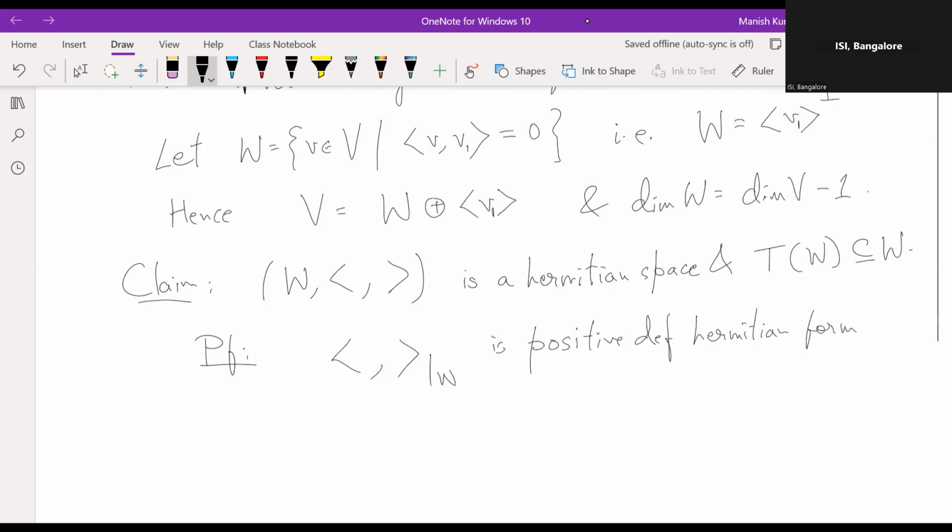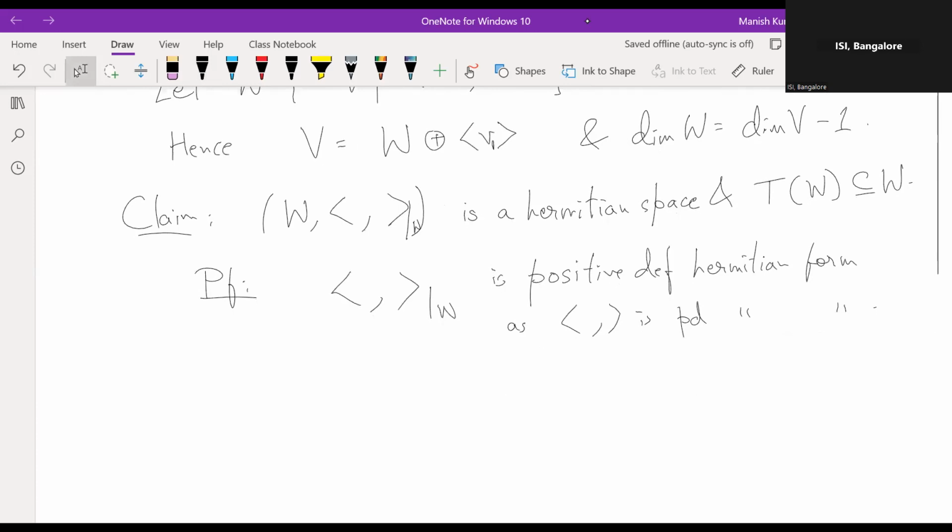To check it is a Hermitian form, you check it element-wise. If it is true for all elements of V, then of course it is true for all elements of W, because W is a subspace. And positive definite also you can check element-wise. For all v in V, the pairing of v with itself should be positive if v is non-zero. So the same holds for W as well. So this is okay.